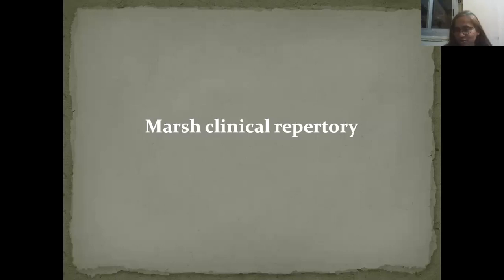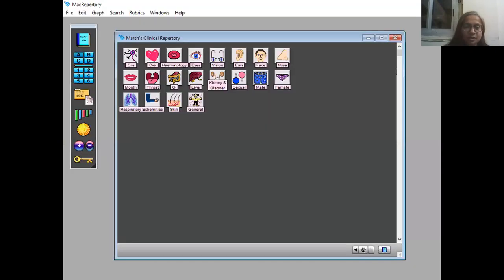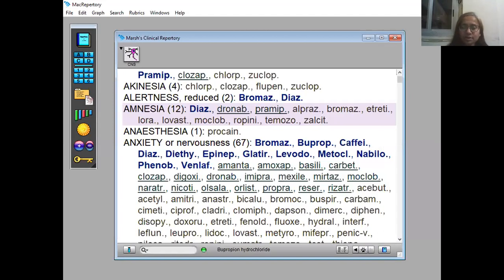So let's look at Marsh clinical repertory. So these are the chapters of Marsh clinical repertory: CNS, CVS, hematology, eyes, vision, kidney, bladder, etc. And I want to tell you, this repertory is a very unique one, very very interesting, because it does not list down the conventional homeopathic medicines, but it would give you the allopathic medicines which are proved in homeopathy, either proved or potentized in homeopathy, and it will give you those allopathic medicines only.